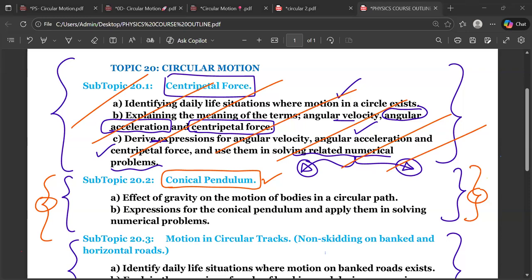Okay, that is it. People want to take screenshots. I don't know where you last took.